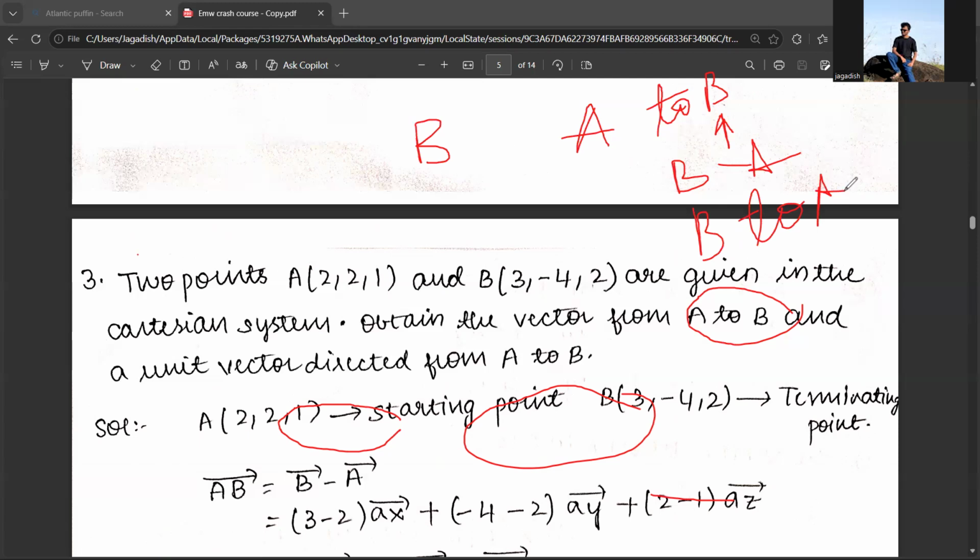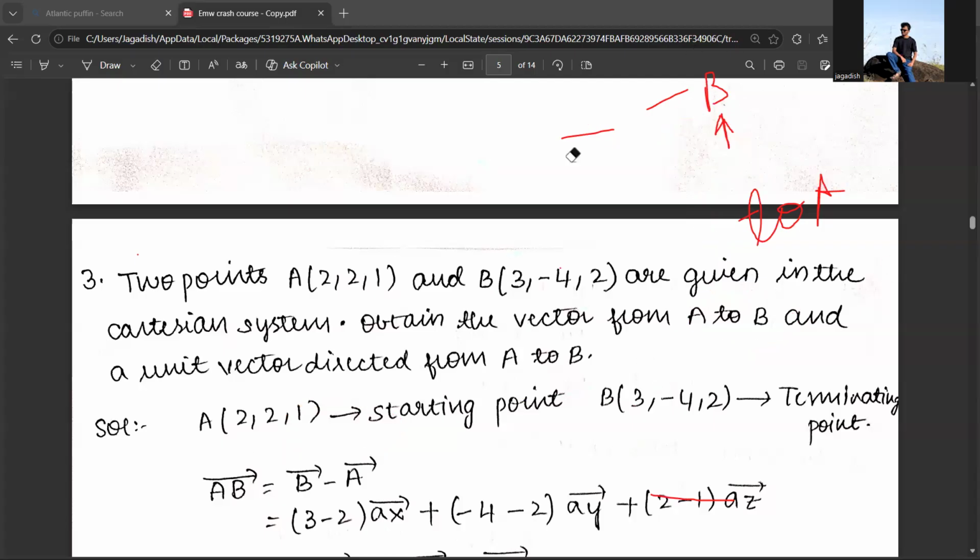So solve. 3 minus 2. Along with signs you have to take minus 4 minus 2, plus 2 minus 1. So what vector will you be getting? 3 minus 2 in AX direction.